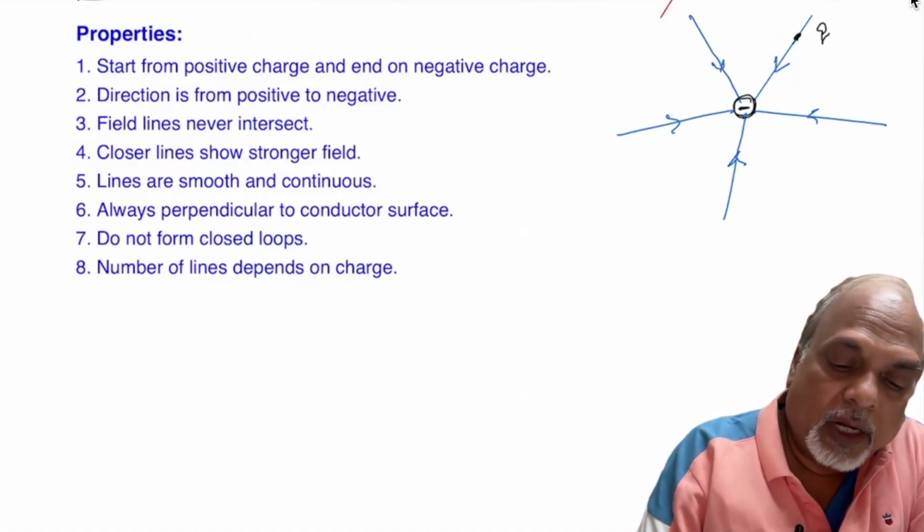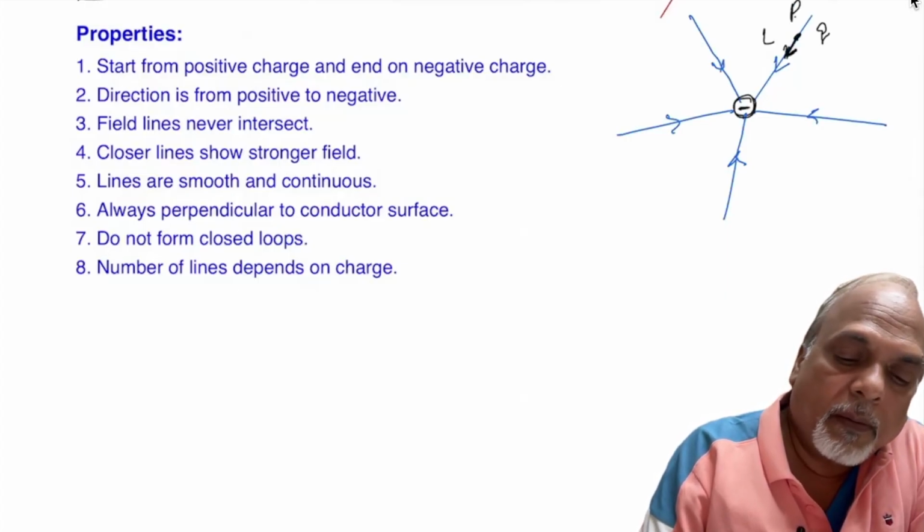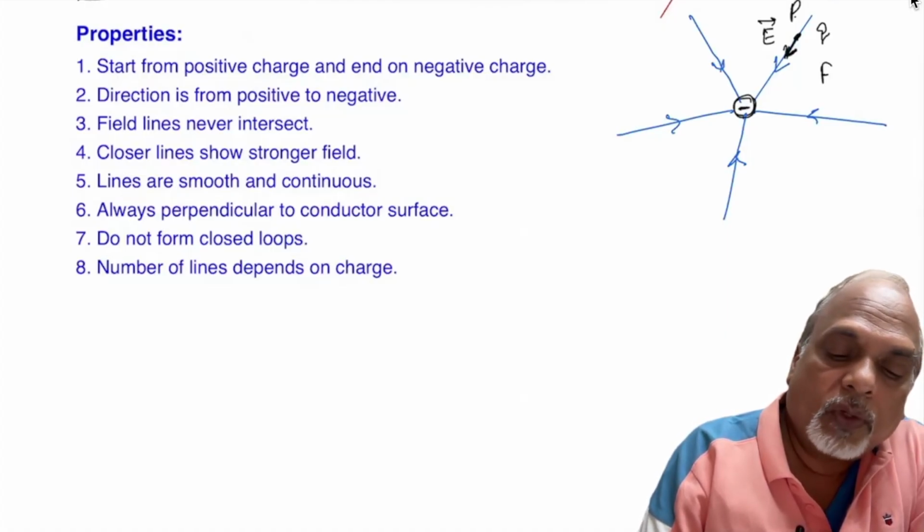So the direction of the electric field in this case will be like this, E. And naturally, the force will also be in the same direction because force is nothing but Q into E.